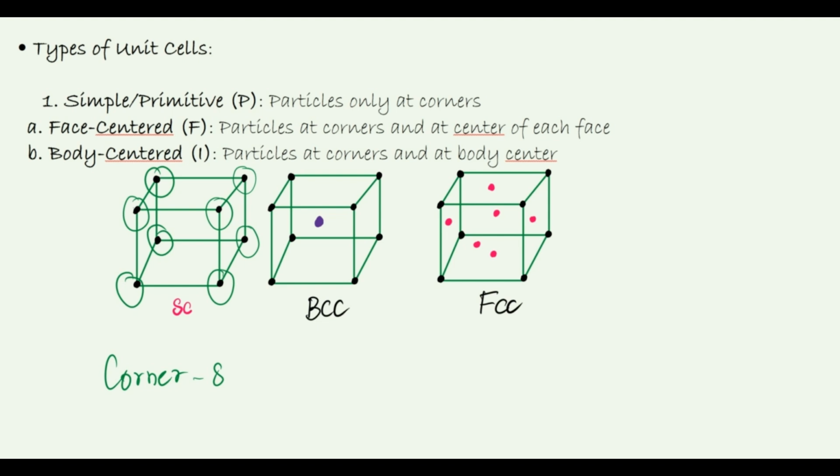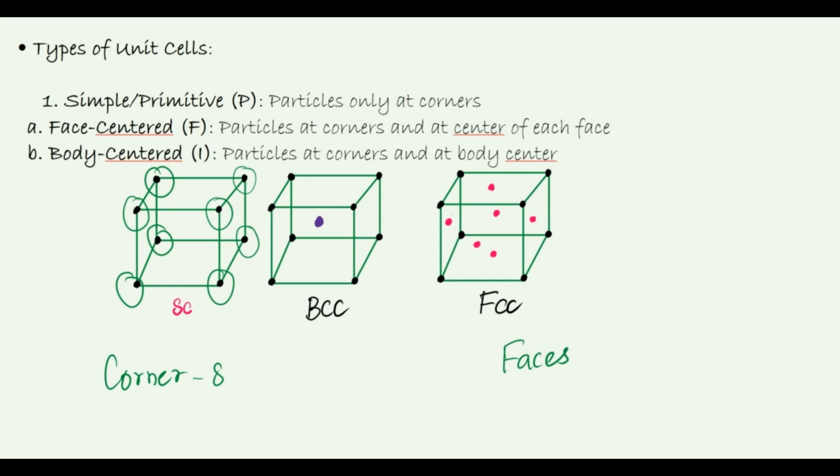But in case of face-centered, how many faces are there in the cube? That's why I told you to pick up a Rubik's Cube in your hand. A 3-dimensional Rubik's Cube is available online also. You can take that. So how many faces are there? 6 faces.